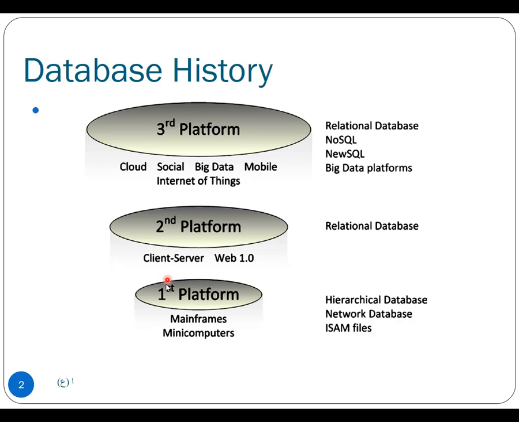The first platform for the database was the mainframe computers and the mini computers. In this platform, we had these databases: hierarchical database and network database. These were the databases that we had for mainframes and mini computers.